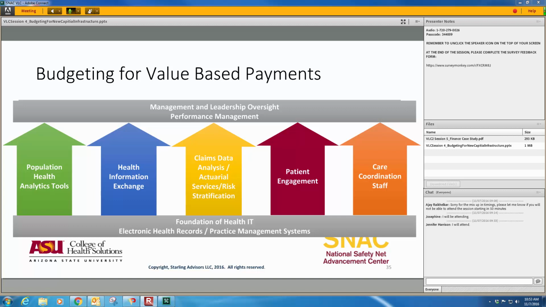As the diagram outlines, fundamentally we're relying on our health IT systems to provide what I would call the data muscle for some of this. Virtually all of our value-based reimbursement models are highly aligned with our ability to manage our performance and track how we're doing.